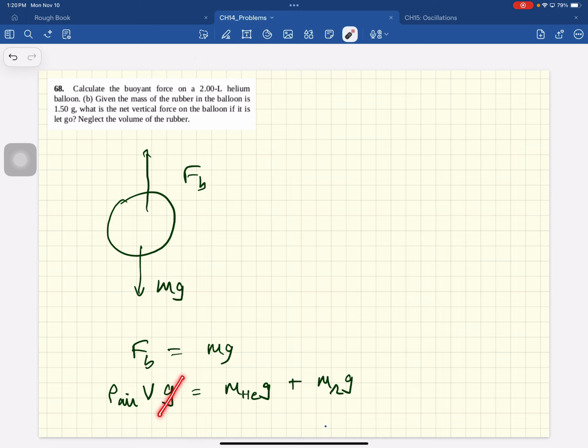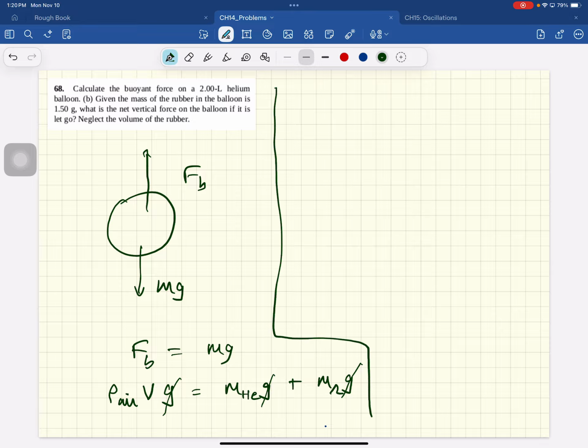The g's cancel. So density of air times the volume of the balloon is equal to mass of helium. Mass of the helium is density of helium times the volume of the balloon plus mass of the rubber.